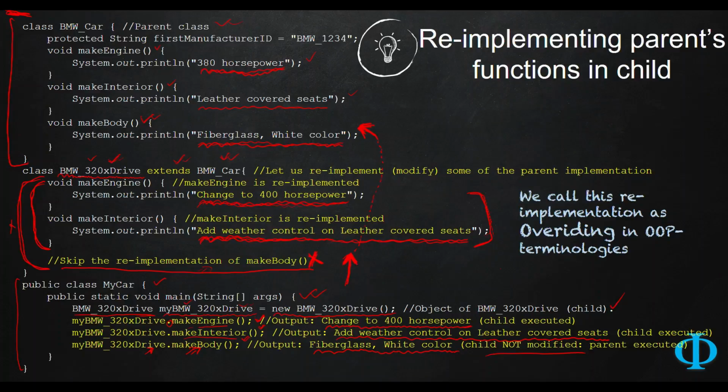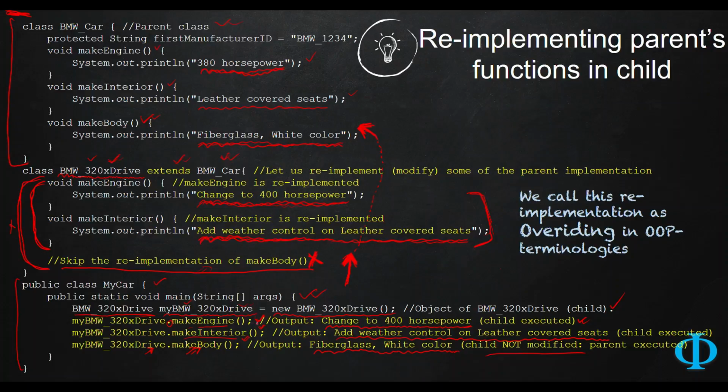So here polymorphism means if you have overridden some function and if you skip the overriding of some function, whenever you try to execute the function, it starts a search in the upward direction from here, and the first implementation of the function that the program control gets will be executed.